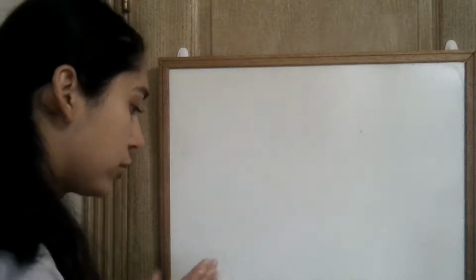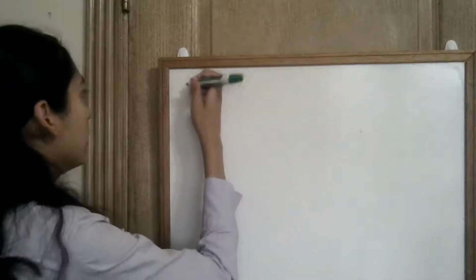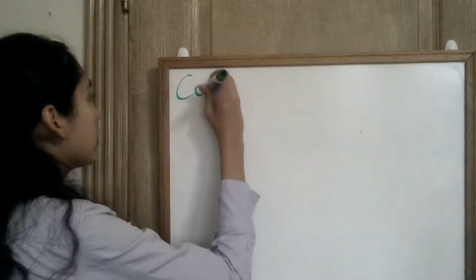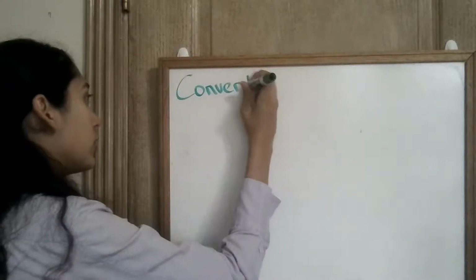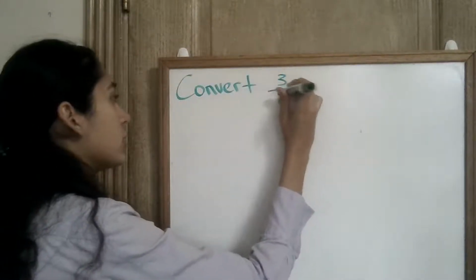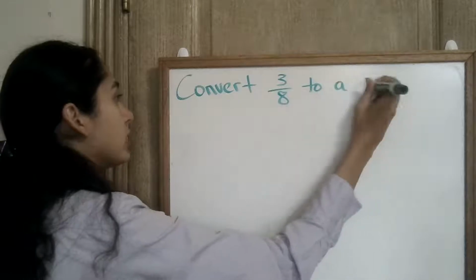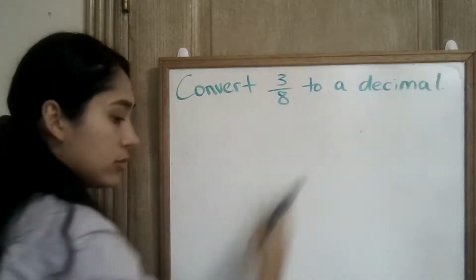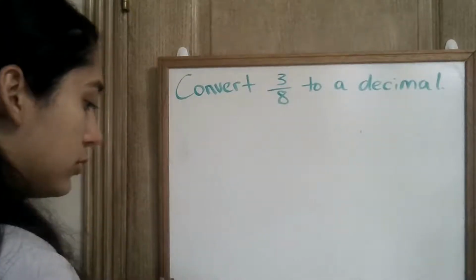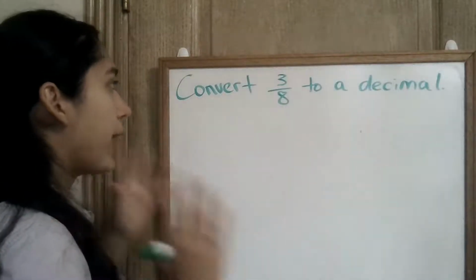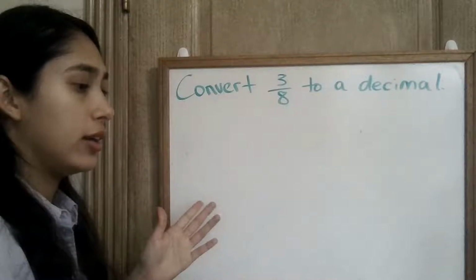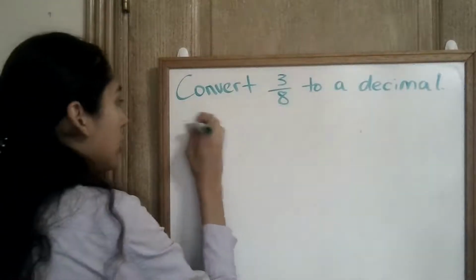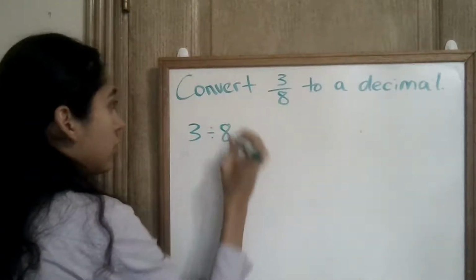So we're going to work with 3/8. Let's see a question that says, convert 3/8 to a decimal. We know that the fraction 3/8 basically means 3 divided by 8.